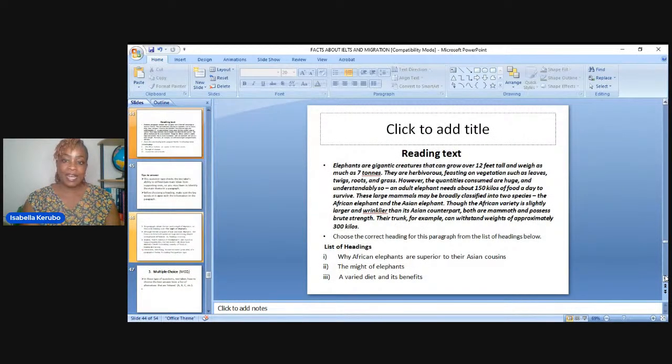Let's look at an example here. Elephants are gigantic creatures that can grow over 12 feet tall and weigh as much as 7 tons. They are herbivorous, feasting on vegetation such as leaves, twigs, roots, and grass. However, the quantities consumed are huge, and understandably so. An adult elephant needs about 150 kilos of food a day to survive.